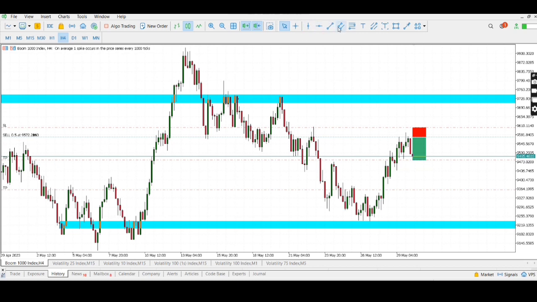You can see this green candle here is an order block, right? Because an order block is an opposing candle after that huge move. You can see that we had this big move here, this big move here.